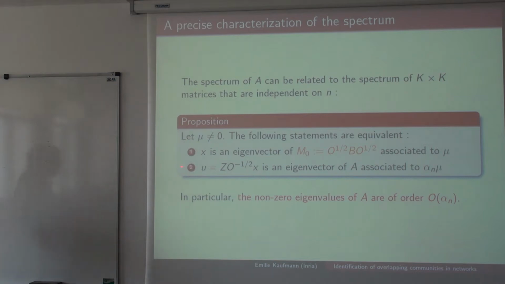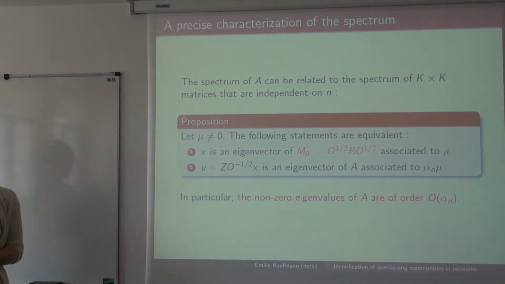So to compute eigenvectors of the matrix A, you look at them in the form U multiplied by something, and you see that the something is also an eigenvector of a smaller matrix. So the point of this result is that first it is going to help us have a nice form for the matrix U, but also we see that the non-zero eigenvalues of A will be of order big O of alpha n when n grows large.